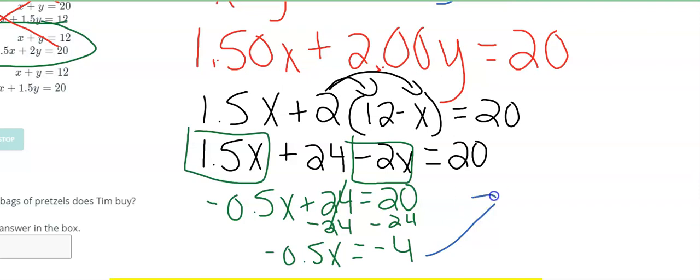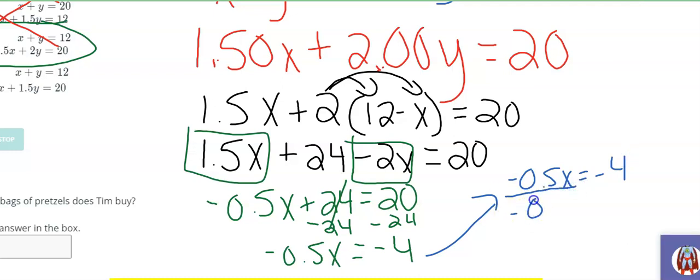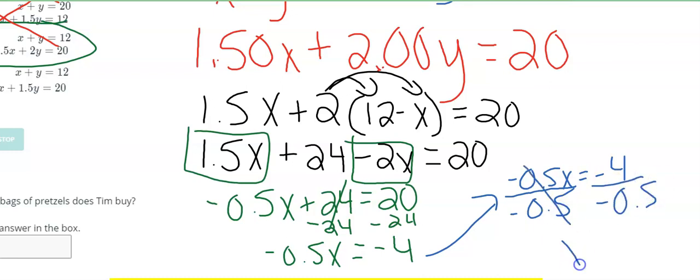And I'm going to rewrite this over here so I have some more space. To get x by itself, I need to divide by a negative 0.5 on both sides. That way my x is alone.